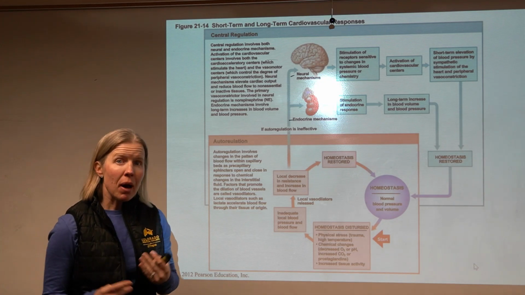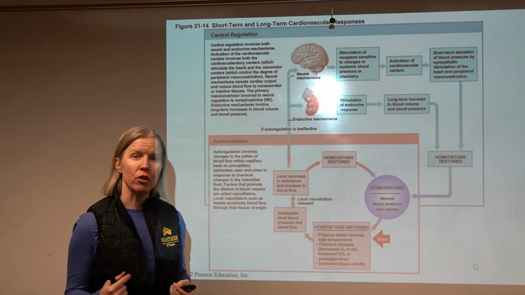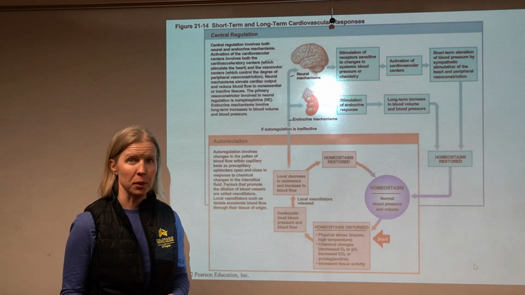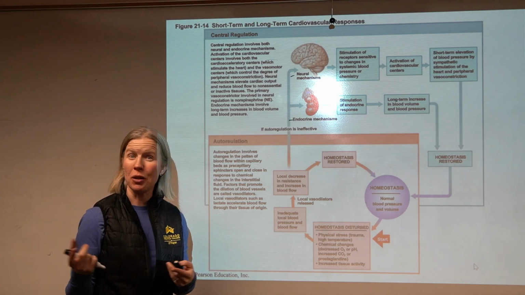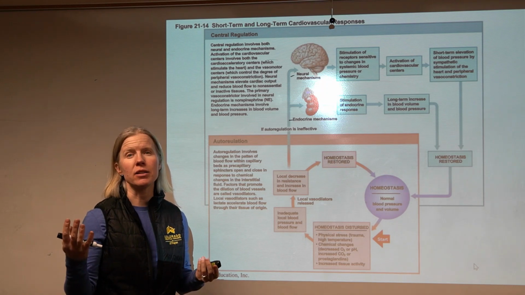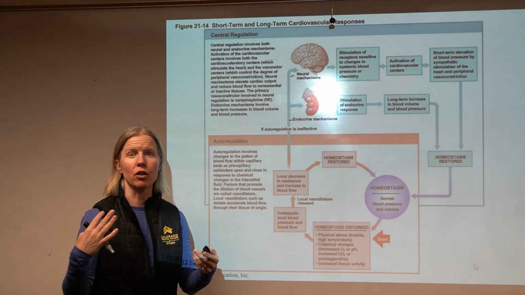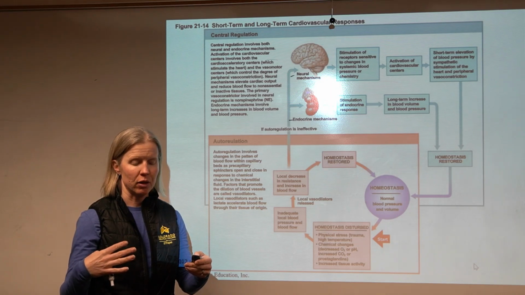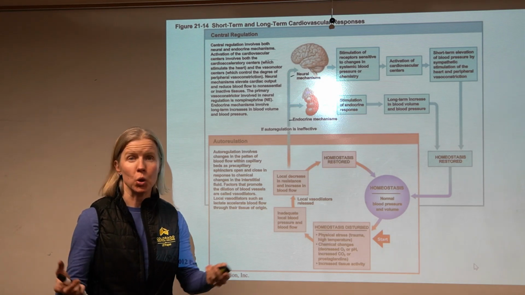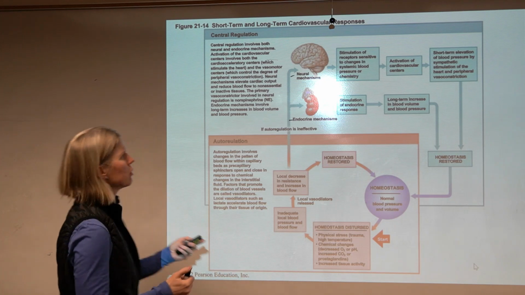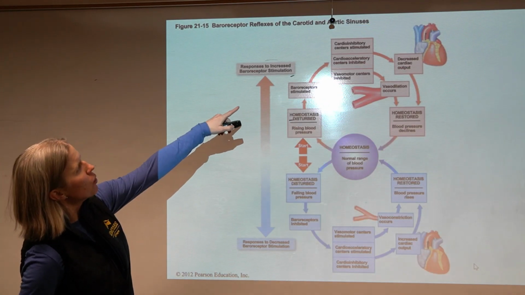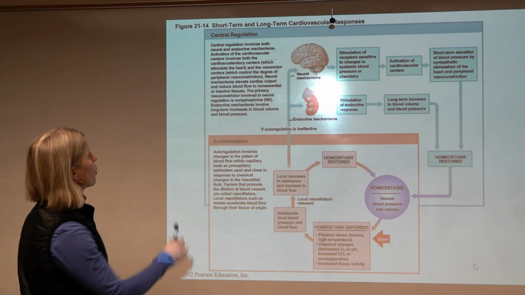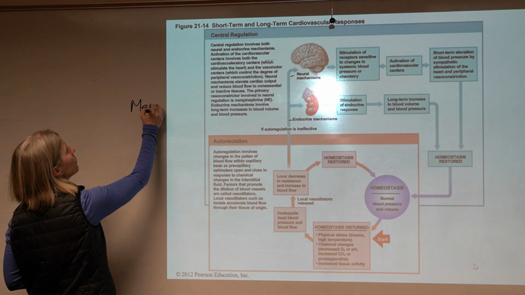So when we think about how the nervous system interacts with the cardiovascular system, we're going to see that it's the medulla oblongata again that has the cardiovascular and vasomotor centers, so cardiac centers and vasomotor centers. So we're working with the medulla.